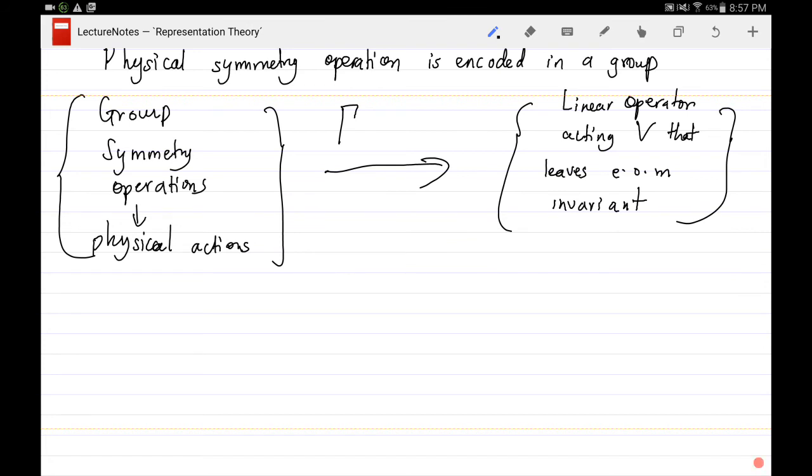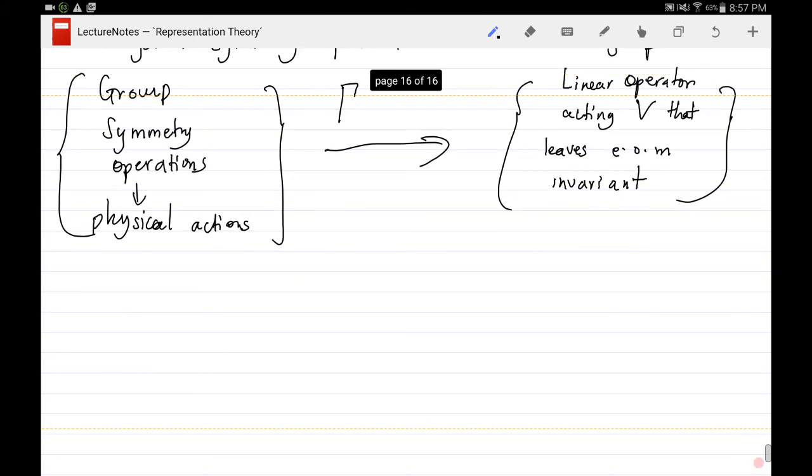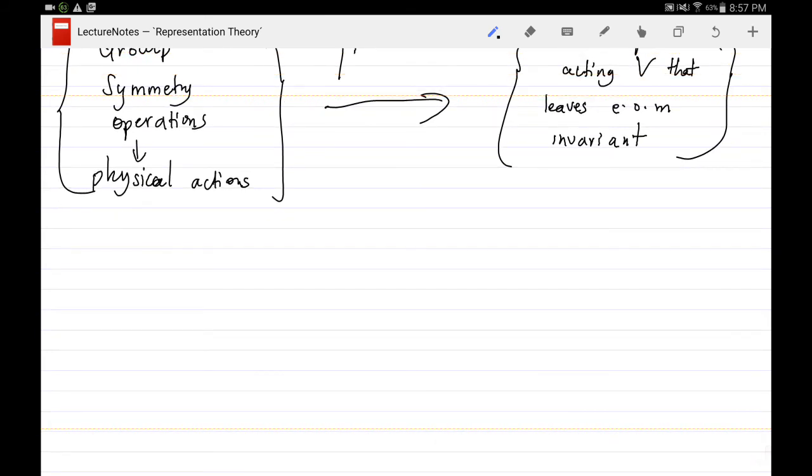I'm calling it gamma. Now, how will this work more specifically? We know that if I have an operator, let's say A, then it has eigenvalues and eigenvectors.